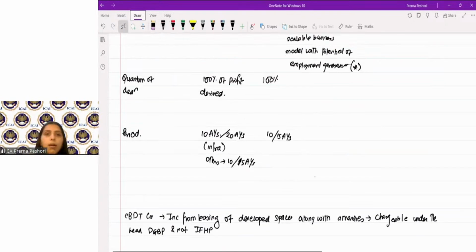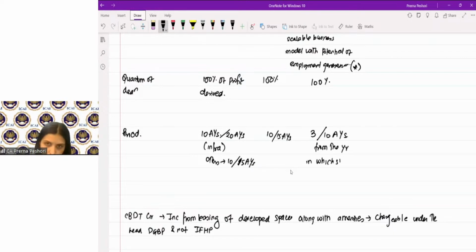What is the amount? 100% deduction is allowed for 3 consecutive AYs out of 10 AYs from the year in which the startup is incorporated. 3 out of 10 AYs from the year in which startup is incorporated. Okay.